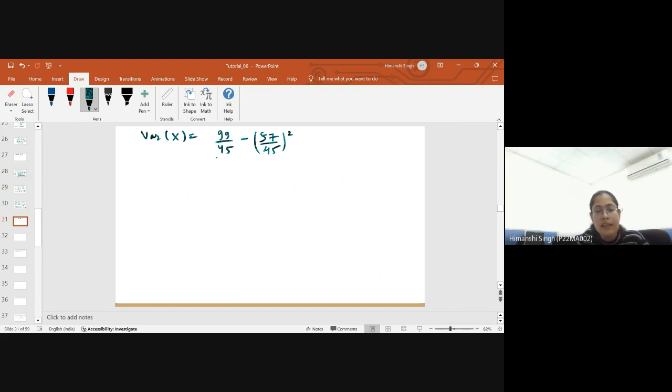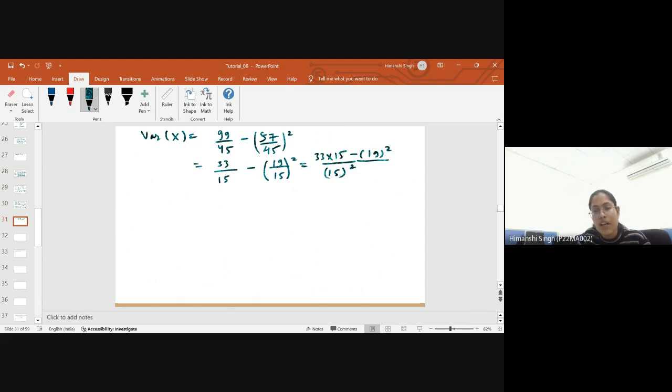If I simplify it first, it will be 33 by 15 minus 19 by 15 whole square. So I take the LCM, 33 into 15 minus 19 whole square.